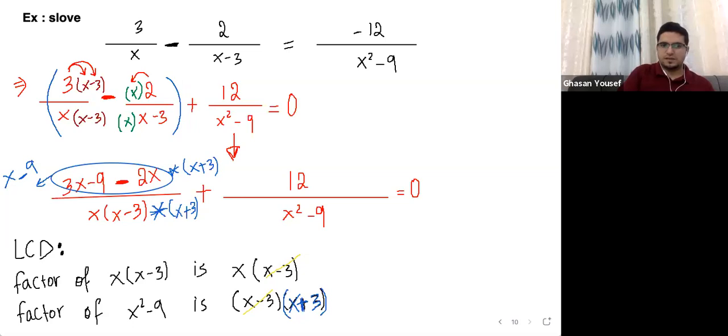Now for the second fraction, what do I have to multiply this by? By x, this is correct. I have to multiply by whatever is left from the factor of this one, so the only thing left here is x.